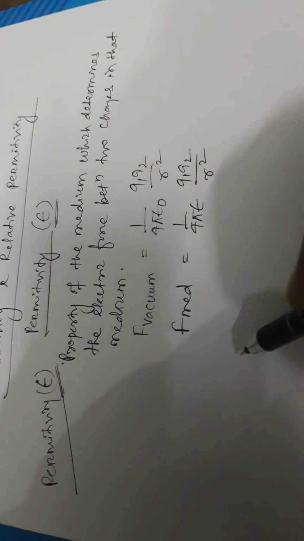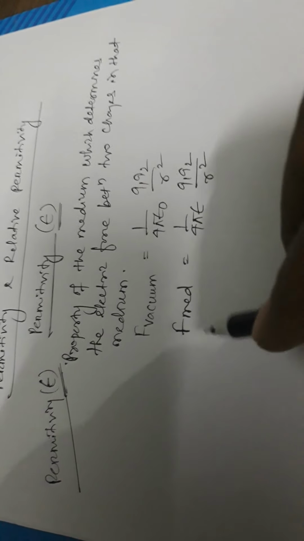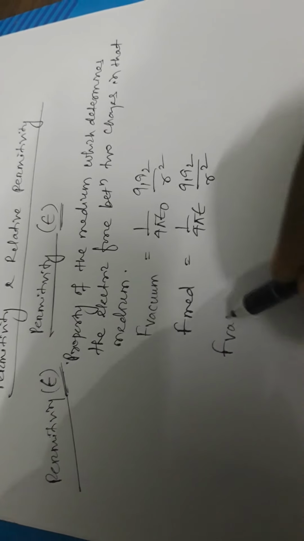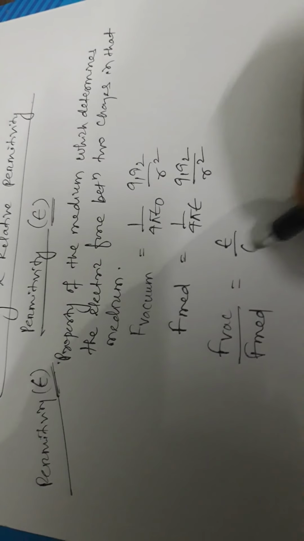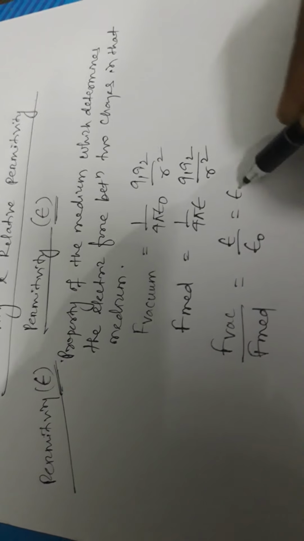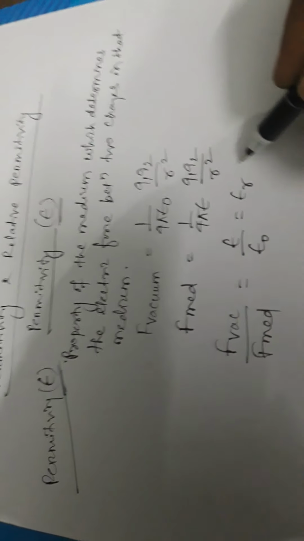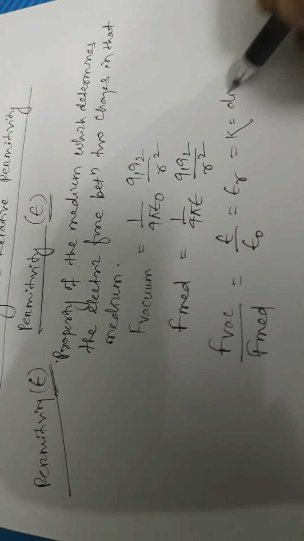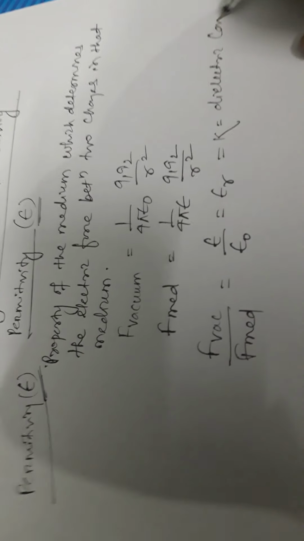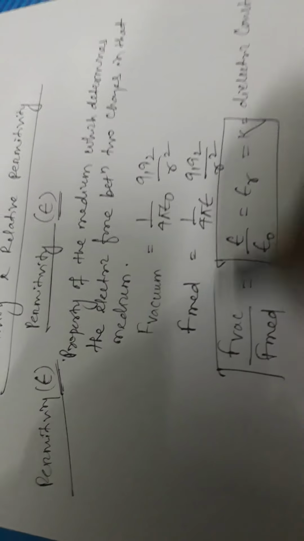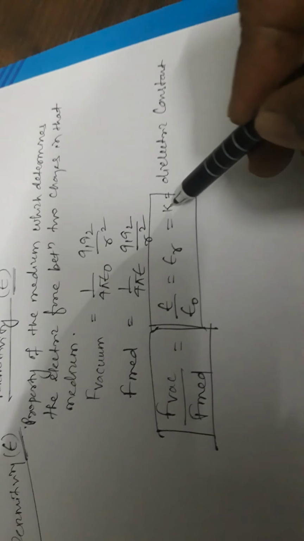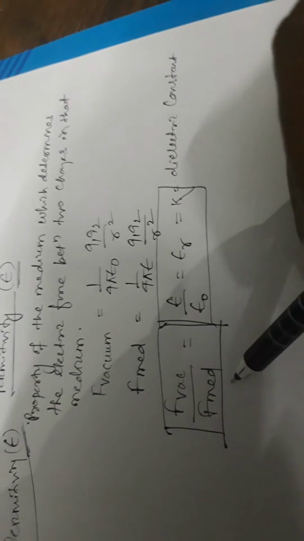Okay. So if you divide F vacuum by F medium, then it will be epsilon by epsilon naught, which is your epsilon r, and this epsilon r is also called K, the dielectric constant. So you got two definitions of epsilon r or K, in terms of permittivity and in terms of the force.